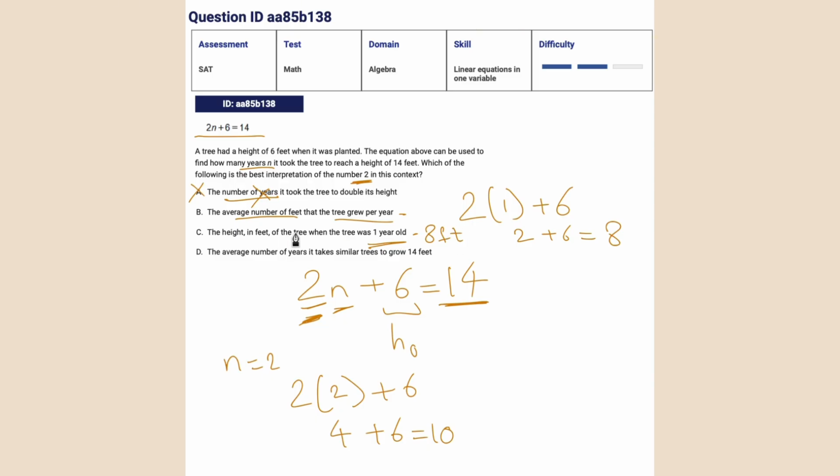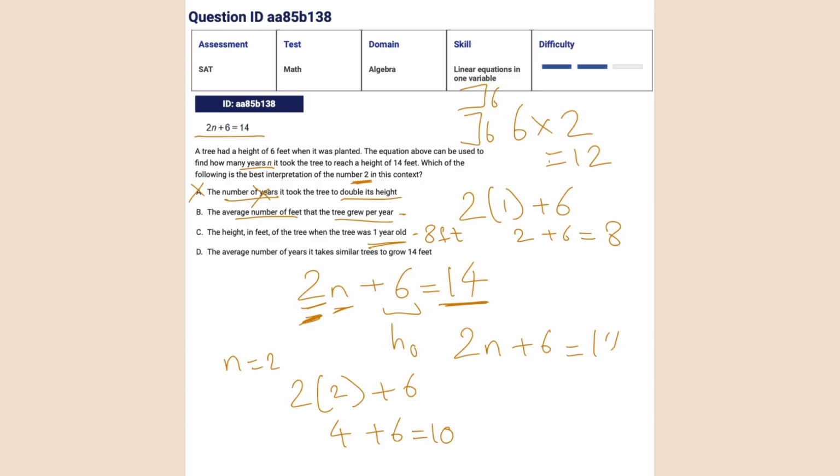And here, the number of years it took to double its height, I think we can calculate it something like this. 2n plus 6. Double its height here means 6 times 2. We're doubling that height, 6, and adding another 6 here. So 6 times 2 equals 12. So we're going to equal this to 12.